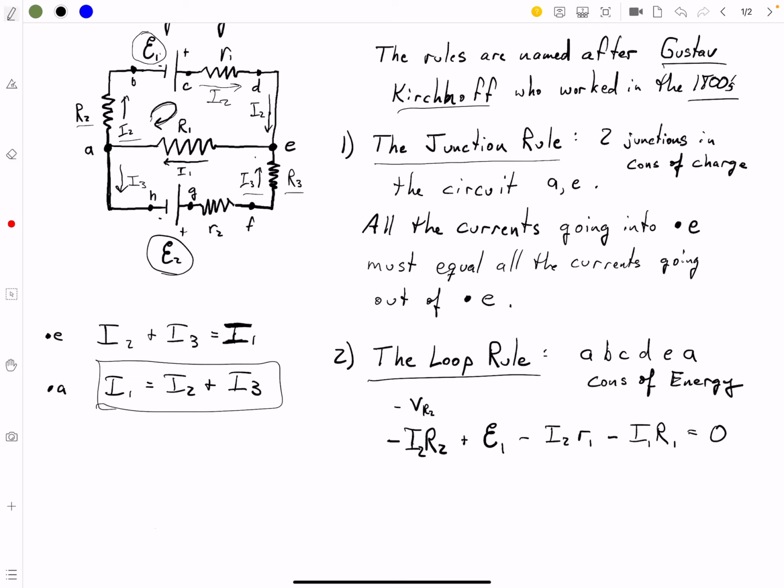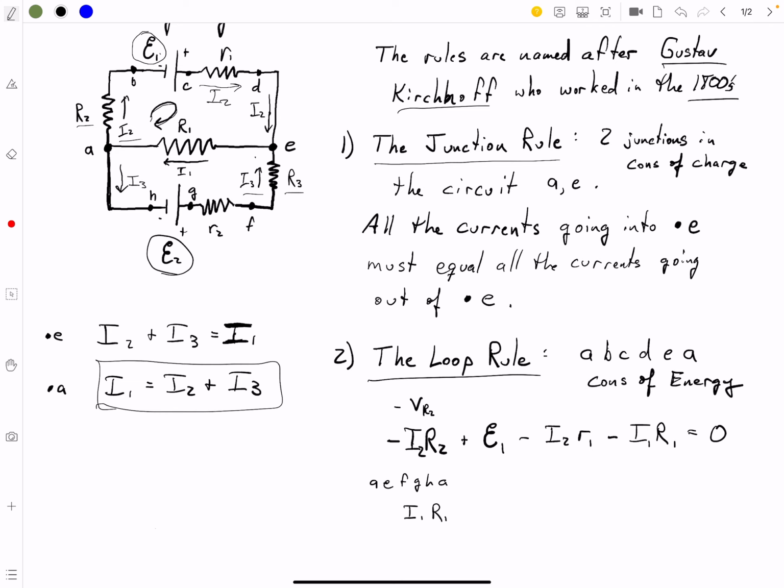We're going to go from A to E, and then F, G, H, and back to A. That loop is going to look like positive I1 R1.